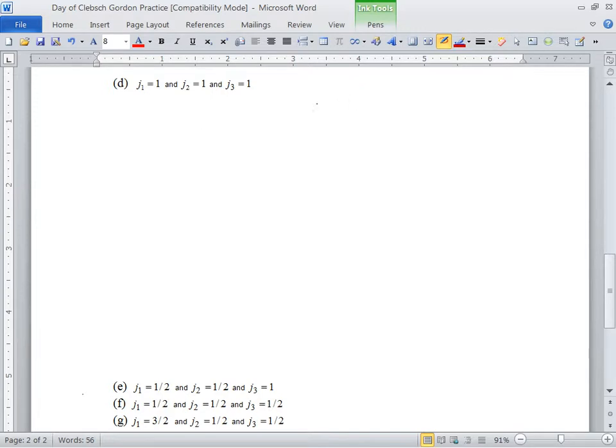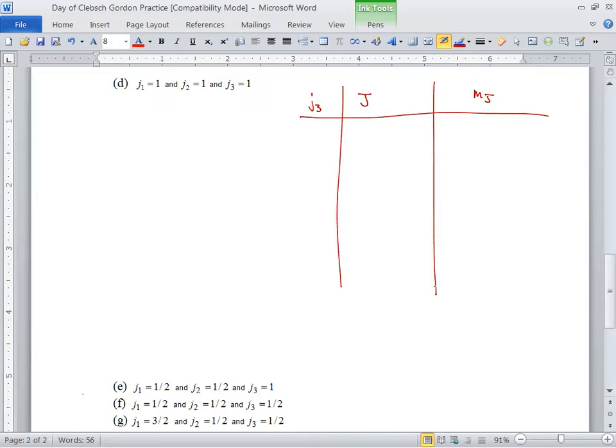I'm gonna do a little coupling first. In my table, I'm gonna fill out J3, and then I'll couple my J3 with what I end up over here. Then let's just make the table first. It's gonna be a big table.